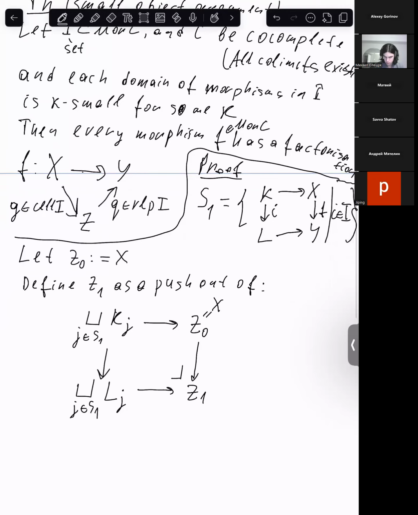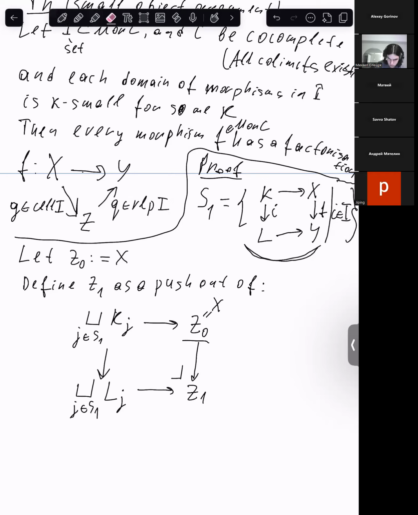So we take all the commutative diagrams of this type, take the coproduct of all arrows from the left, and attach them all to Z0.